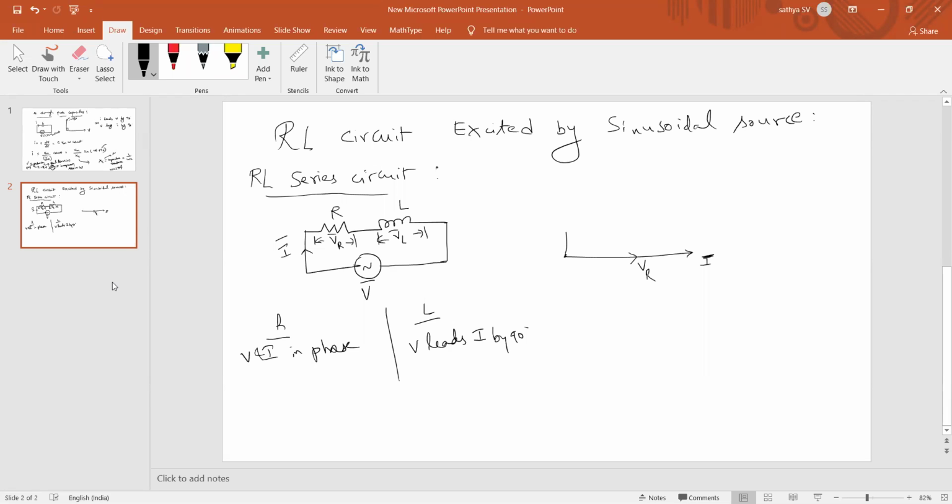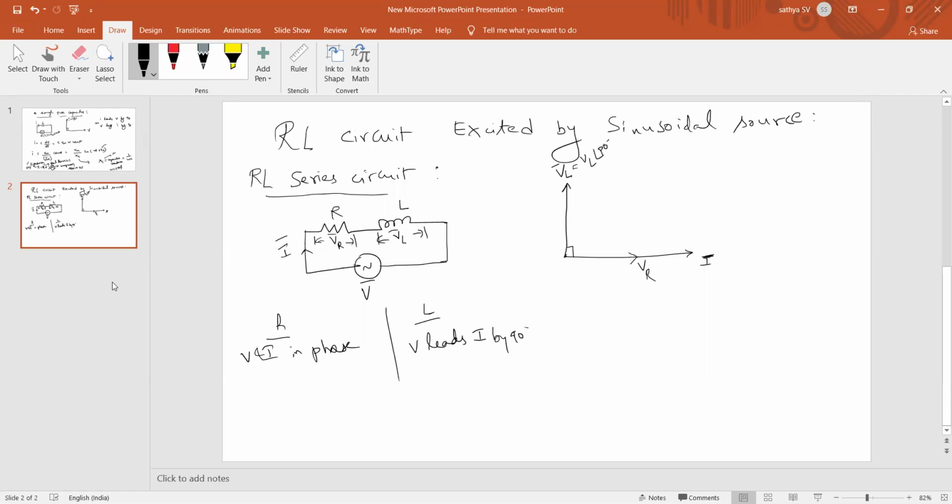Positive 90 degrees, because voltage leads. VL, here that is VL bar, simply VL at an angle of 90 degrees. Understand up to now?